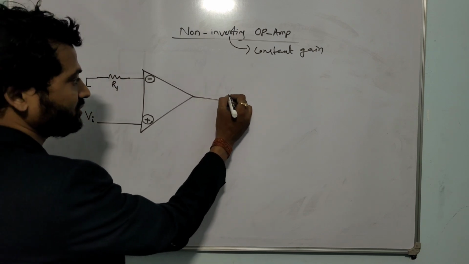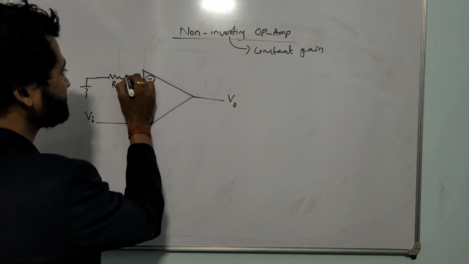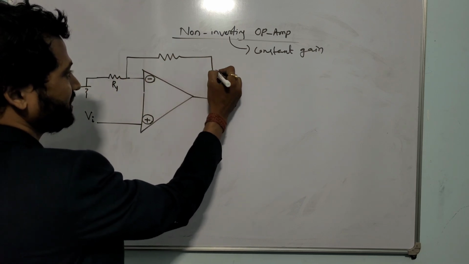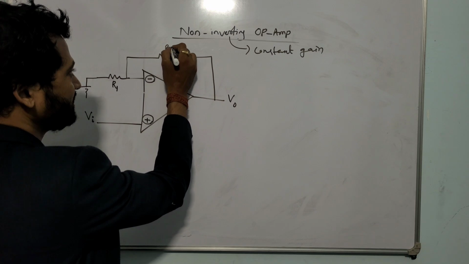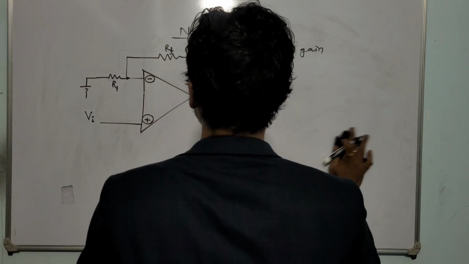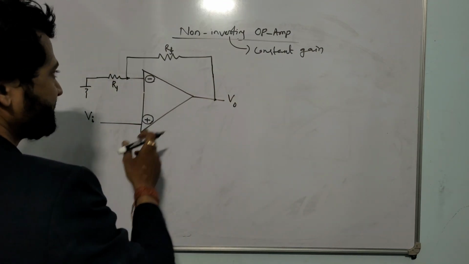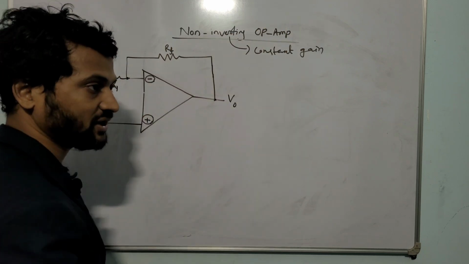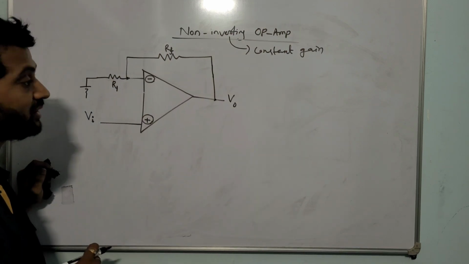And one closed loop from the output voltage, one closed loop control will be there, meaning feedback will be there. So negative feedback is given through the resistance which is called RF. Okay, so now we'll derive this expression of gain, closed loop gain of non-inverting operational amplifier, which is most important.